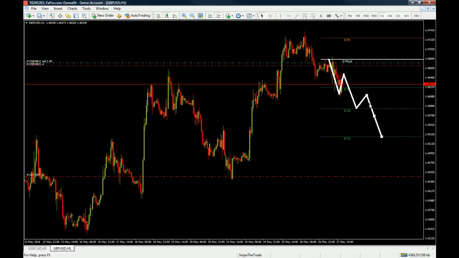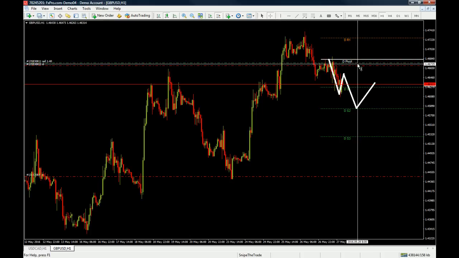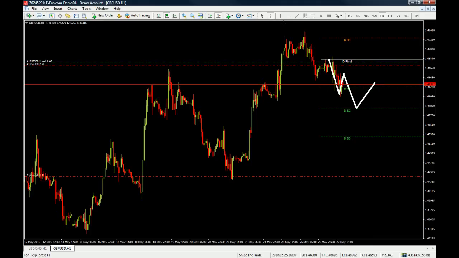Now, if after taking half of the remaining position at the daily support 2, price retraces and stops us out, that is just fine because we took, as we said before, 49 pips out of the first part of our position.